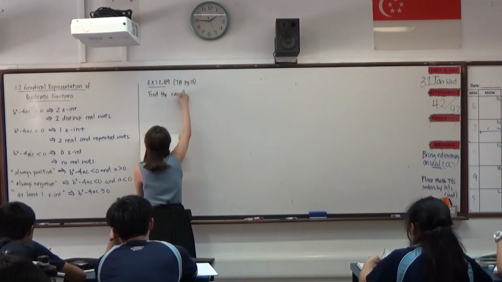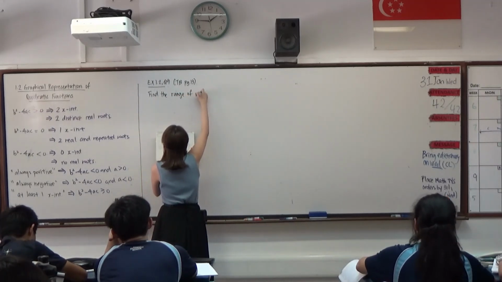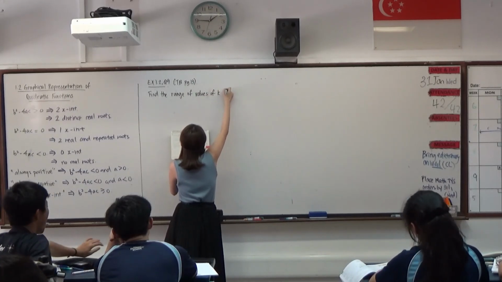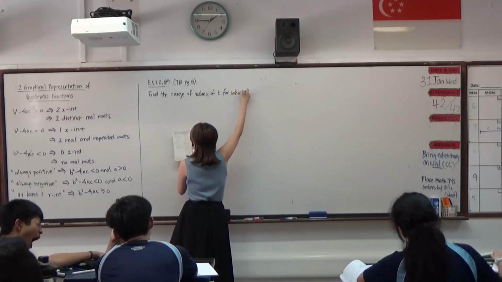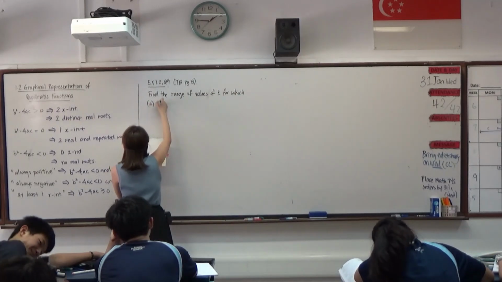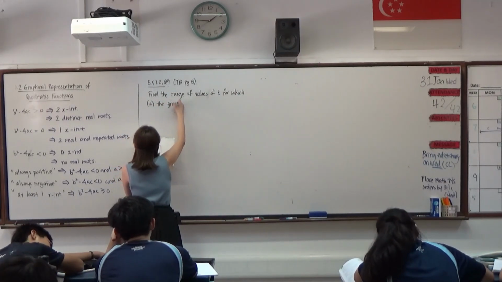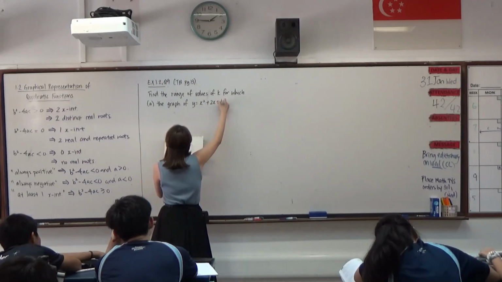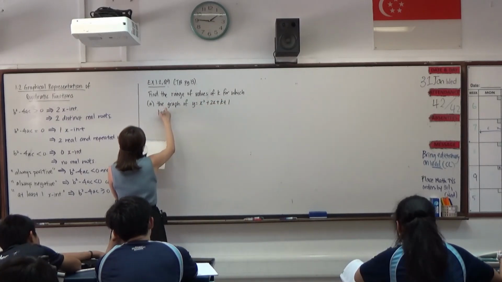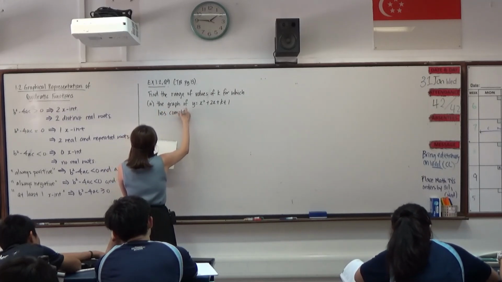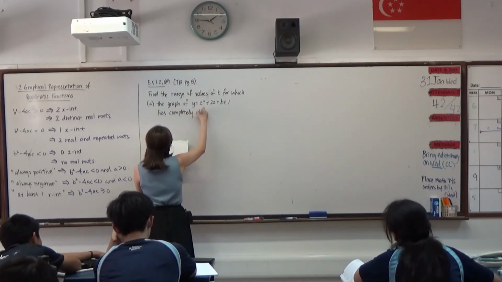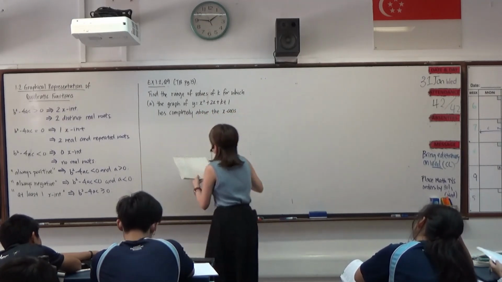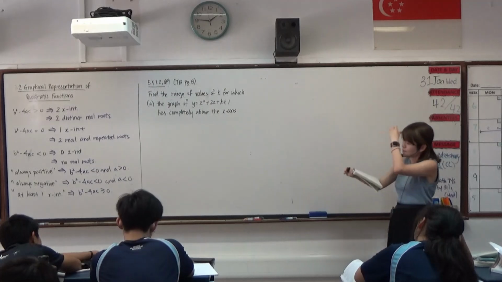Find the range of values of A for which the graph lies completely above the x-axis.